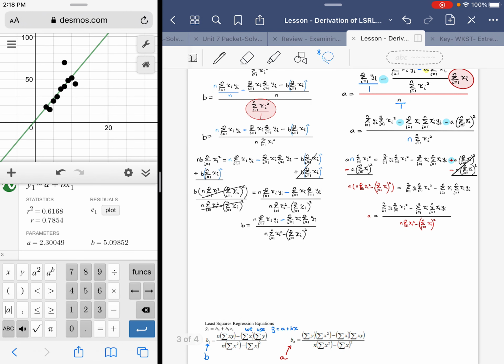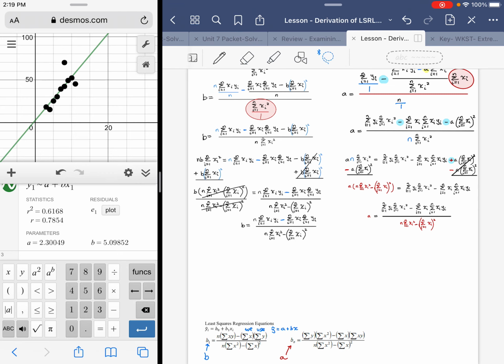Now, if you look at the a formula at the bottom, again, sum of y, sum of x squared, got it, minus, a minus, sum of xy, got it, n, sum of x squared, minus the other kind of sum of x squared.